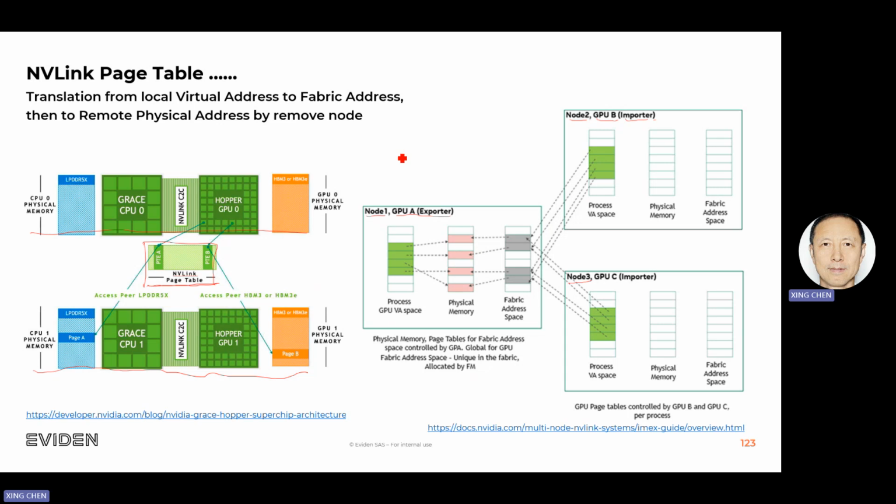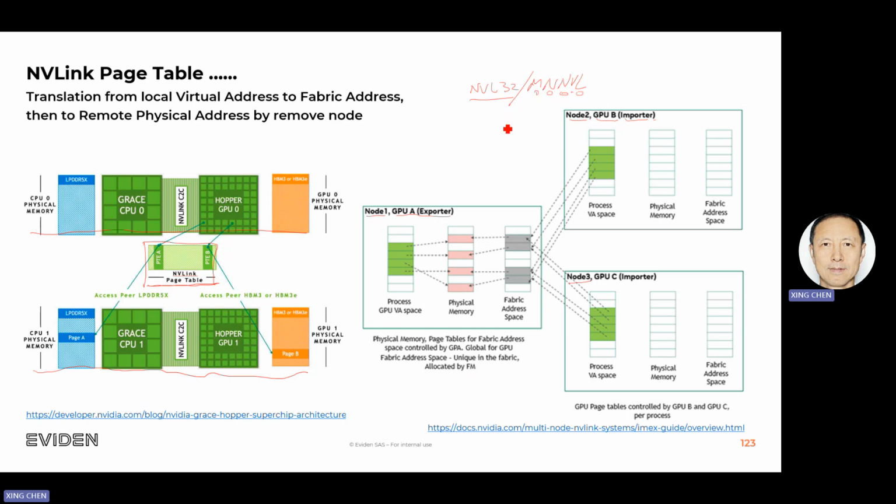For example, is one node of the NVL32 systems. So this is the NVL system, multi-node NVL domain. If you have 32 GPUs, you have an NVL32 domain, but each GPU belongs to a node.